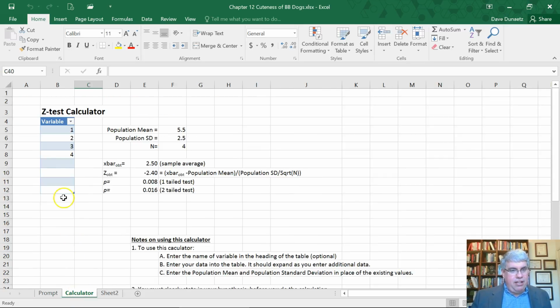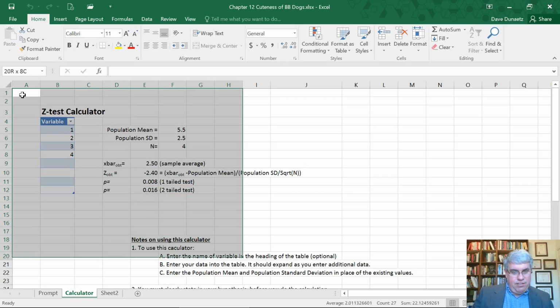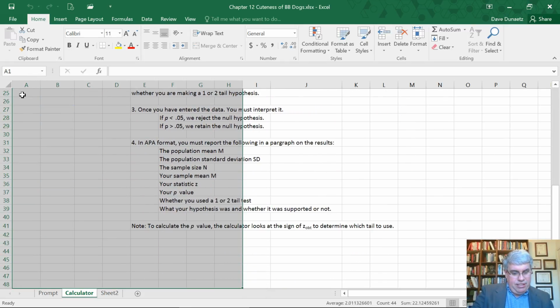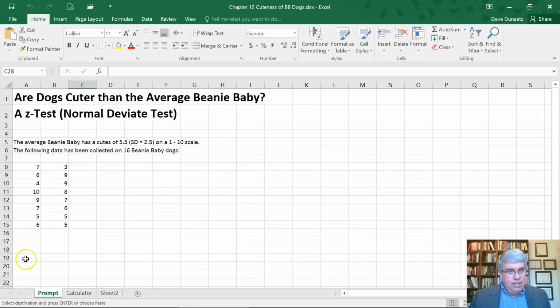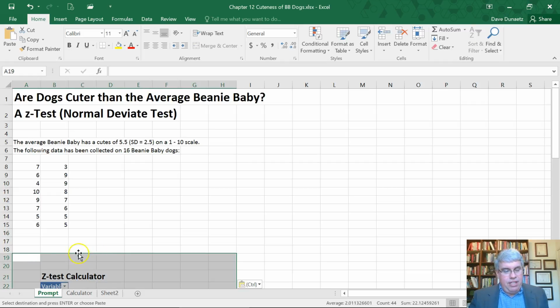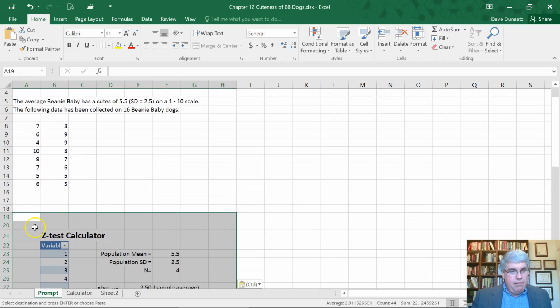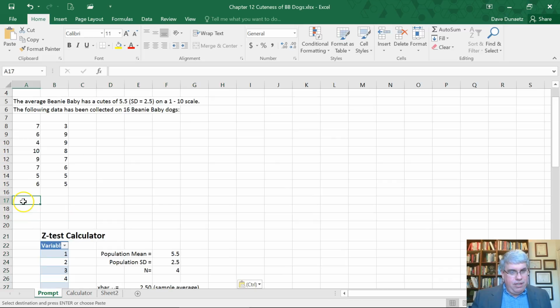So I'm going to go over to the calculator and copy this calculator over to the sheet where I'm doing the calculations. Control copy. I'm going to go back over here. When you do this, you can just download the calculator and rename it, but I wanted to do it this way. Now, let's start off with our hypothesis.